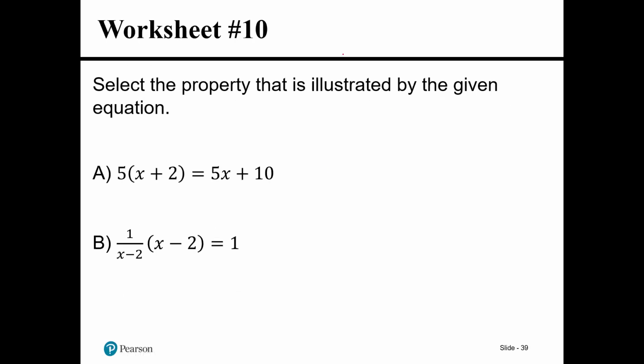Okay, so I think this is maybe number 8 now. I want to select the property that illustrates the given equation. So we have 5 times x plus 2, and then we have 5x plus 10. Then we have 1 over x minus 2 times x minus 2 equals 1. So determine which one of the properties these are. Hopefully the lagging will stop here, but we'll see.